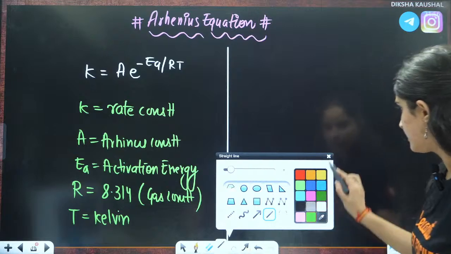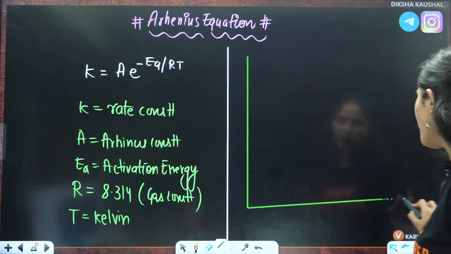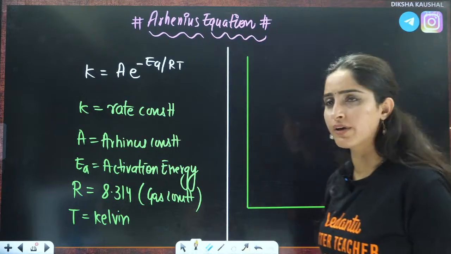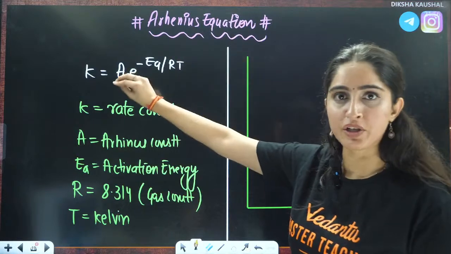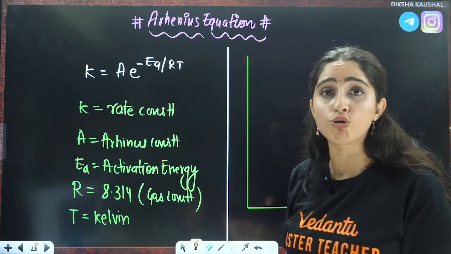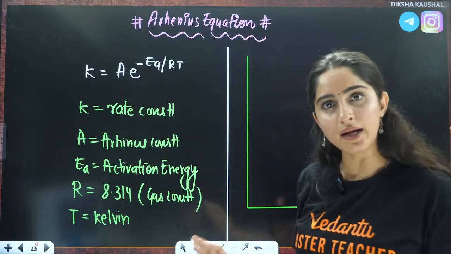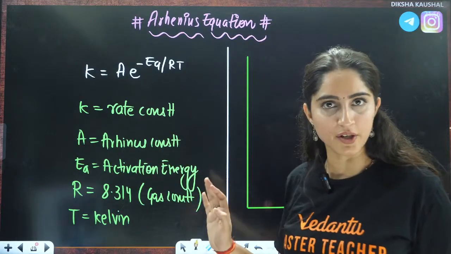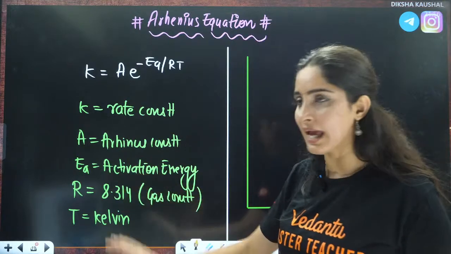See one thing. You all know what the rate constant is; we have done it in the rate law expression. What is A? Because it is the Arrhenius equation, there is a new constant called the Arrhenius constant. You don't need to know its value, just remember it is the Arrhenius constant. They can ask you activation energy.